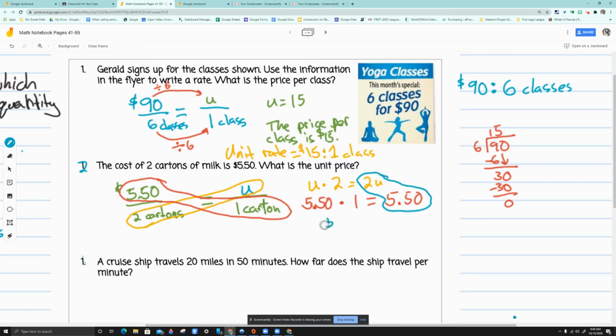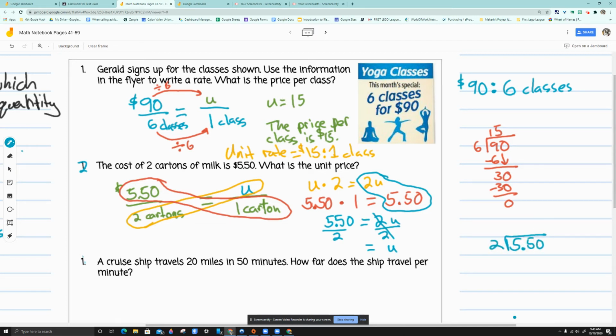So I'm going to take $5.50, or 5 50/100, equals 2U. And to get that U by itself, I'm going to divide both sides by 2. 2U divided by 2 is just U by itself.